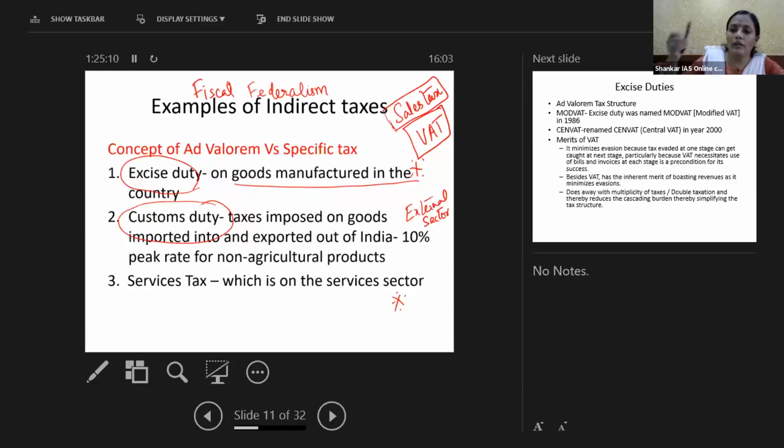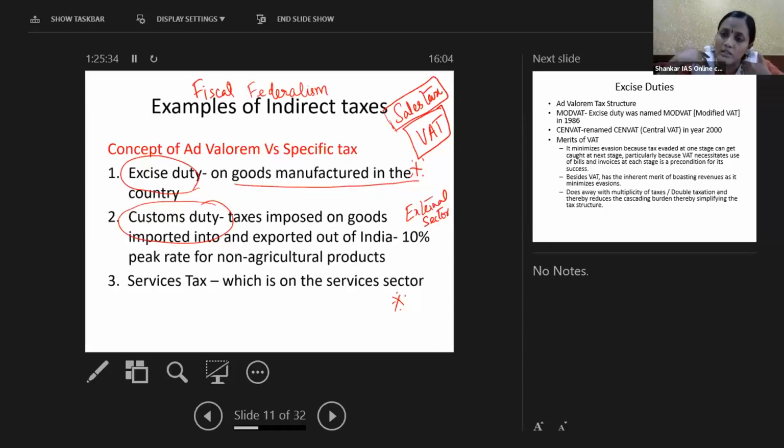I told you, whenever a product is being sold, there will be a tax on it, which we call a sales tax. This was what we were following for several years. From 1986 onwards, the central government started following this VAT, but at that time it called it MODVAT, MOD. What is this MOD? Modified. Why? What has been modified?